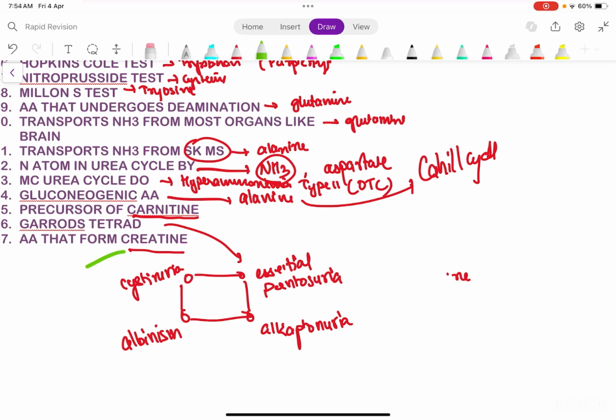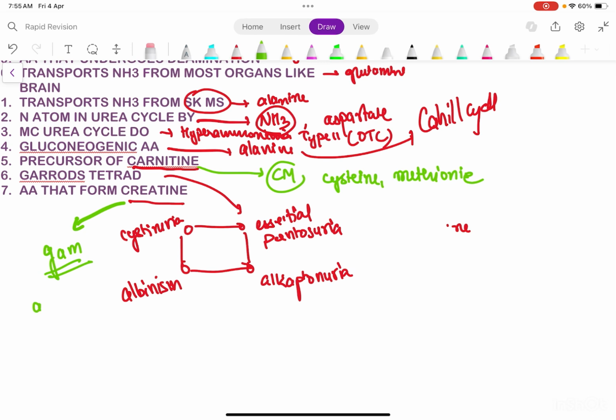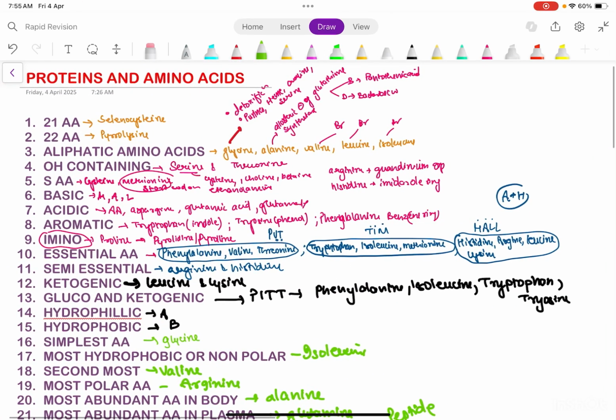The one forming creatine is GAM: glycine, arginine, and methionine. The one forming carnitine is different, it is lysine and methionine. So this completes most of the one-liners that come from proteins and amino acids.